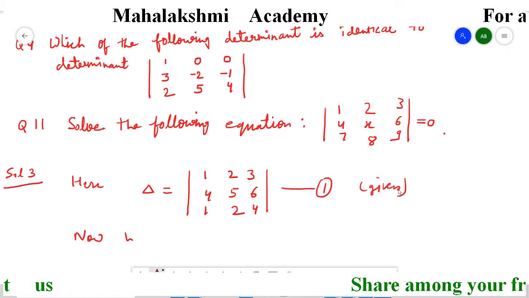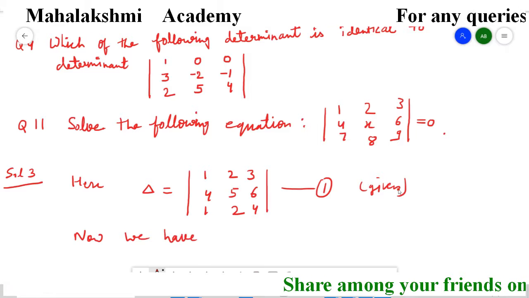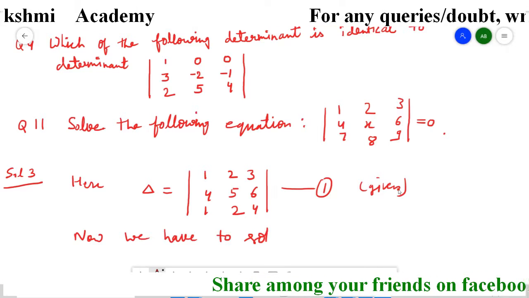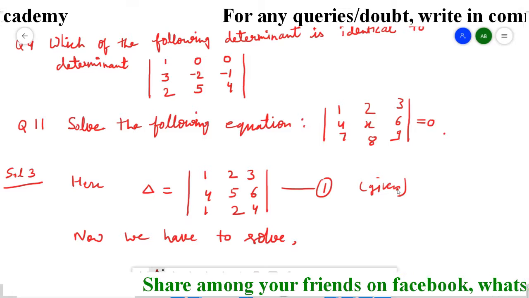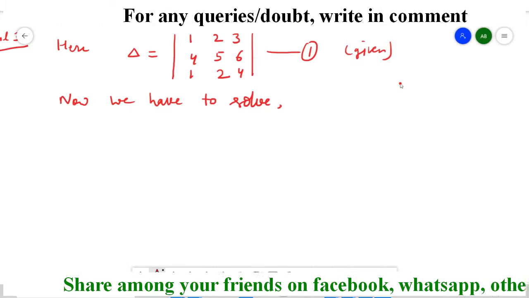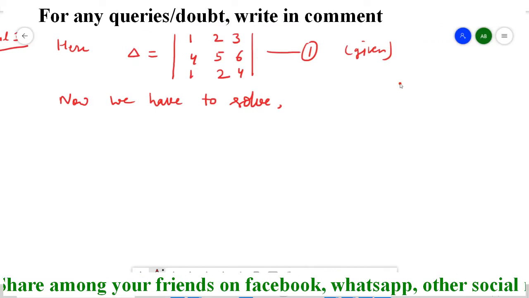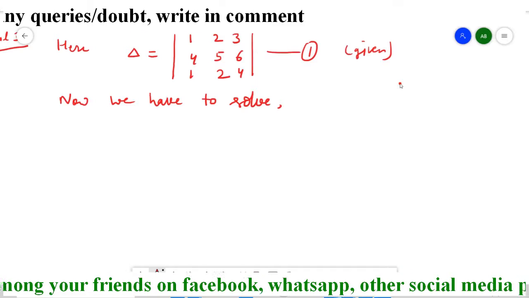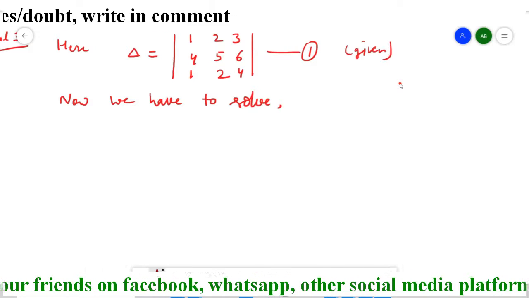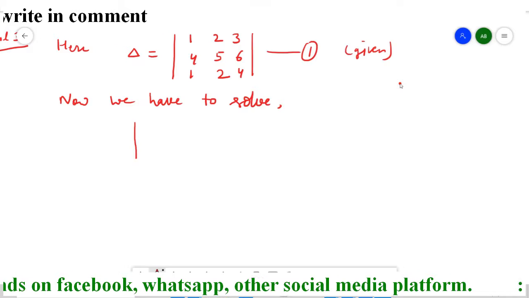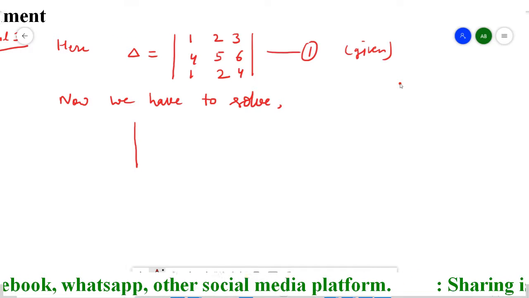Now we have to solve that determinant, which we'll write down. In this question one correction is there, which I already corrected and wrote here. So carefully observe the question.